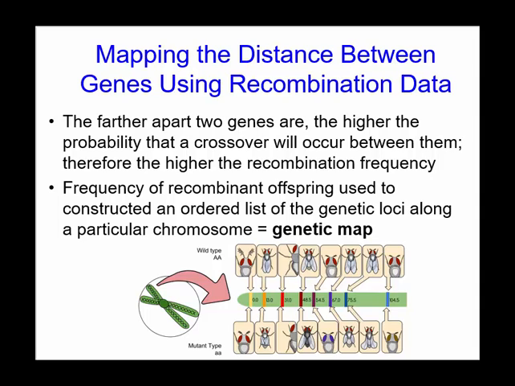And based on that frequency of recombination, you can get fruit flies of all different kinds and different features that you're interested in, do these crosses and count up the recombinants, and you can start to piece the puzzle together and determine how far apart these different traits are on the same chromosome, or if they're on a completely different chromosome. And with this, we start to build what's called a genetic map.